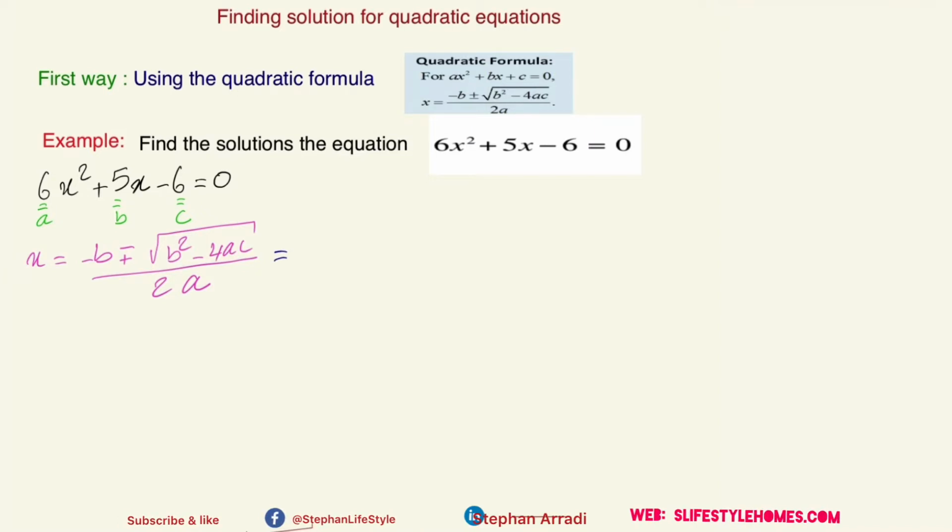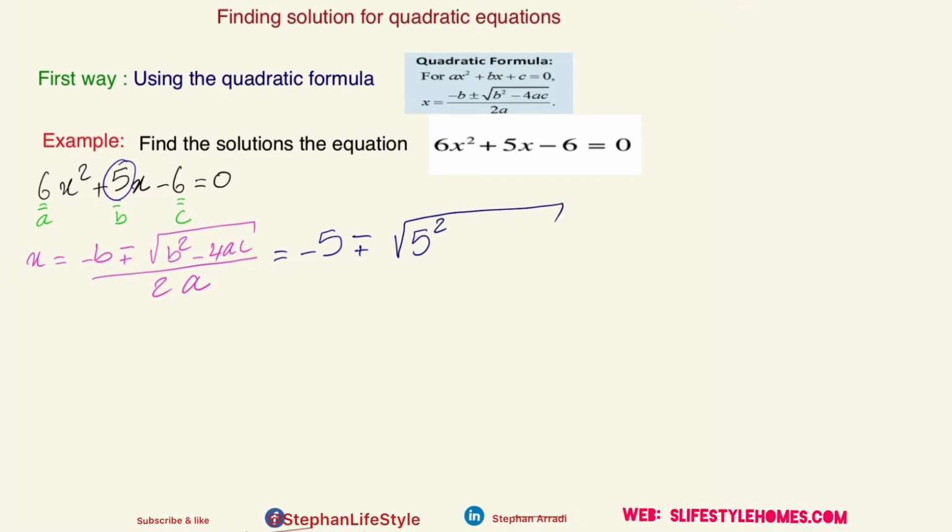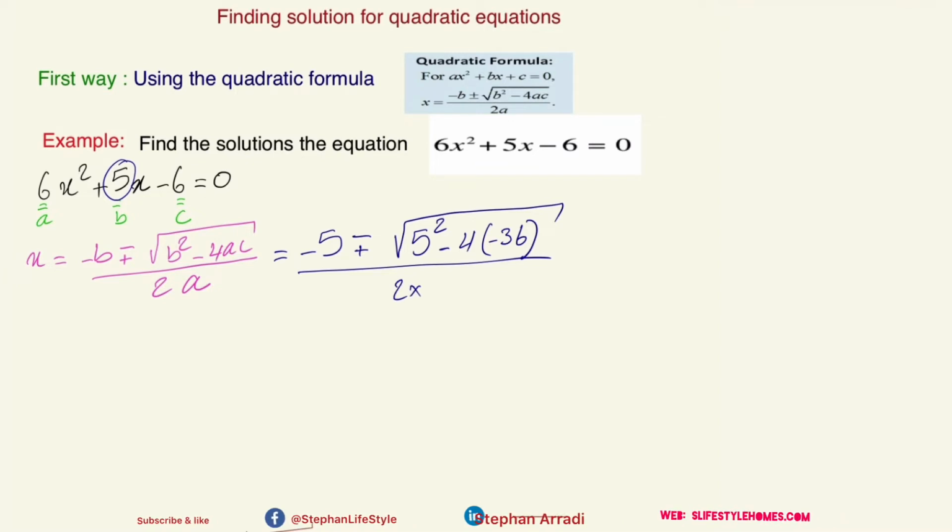b is 5, so it will be minus 5 plus or minus the square root of 5 squared minus 4 times ac. ac is minus 36, over 2 times 6.